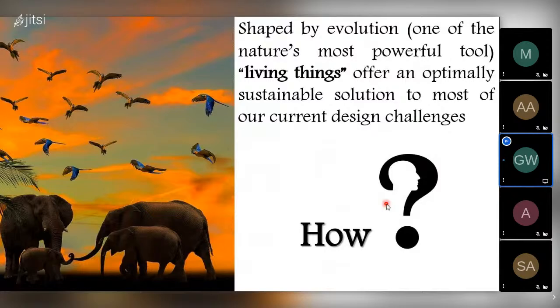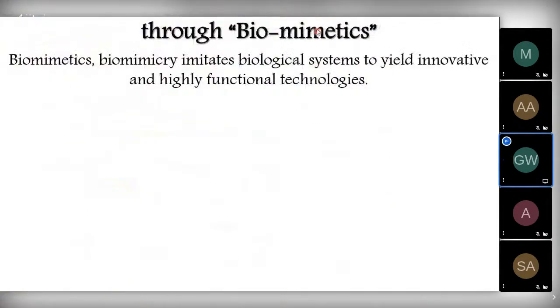The solution can be provided by biomimetics. Biomimetics is nothing but learning from nature. It is the field of study that imitates the biological systems or natural features of particular species to solve our engineering problems, which can be more innovative and highly functional.